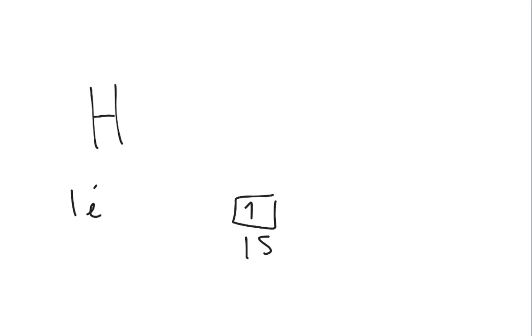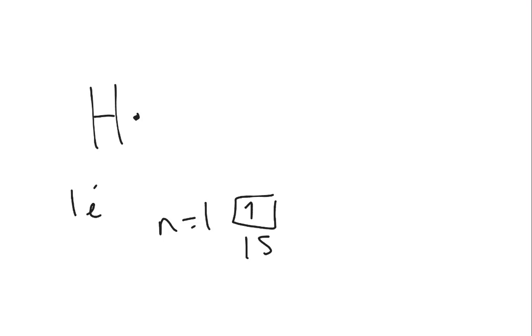So in order to fill the 1s orbital, it needs to gain 1 electron. It can only have a maximum of 2 electrons in the n equals 1 orbital. So we fulfill the octet if we give it 1 more electron, but we've only got 2 electrons, yet we still call this the octet rule. They probably could use a better name for it, but that's the way it goes.